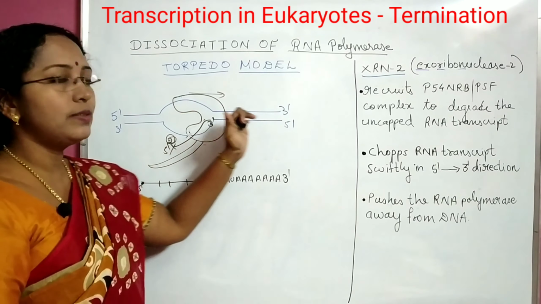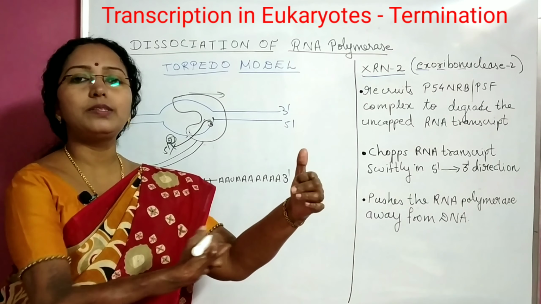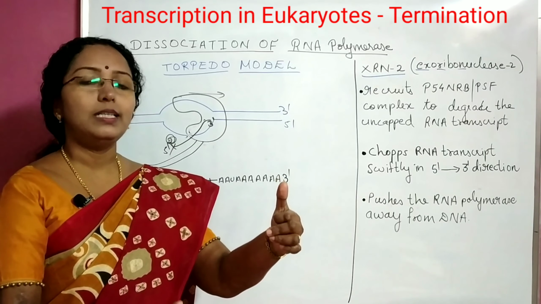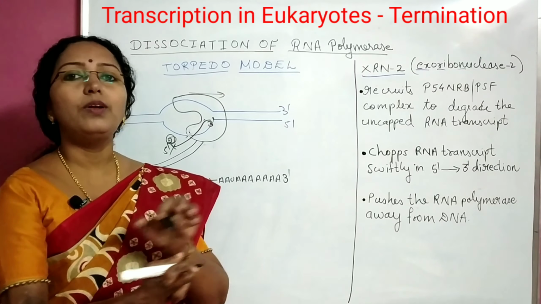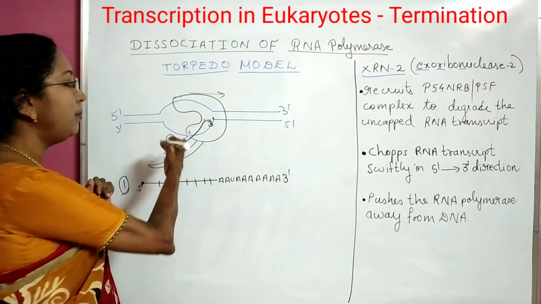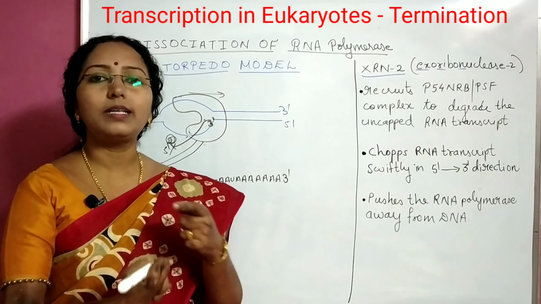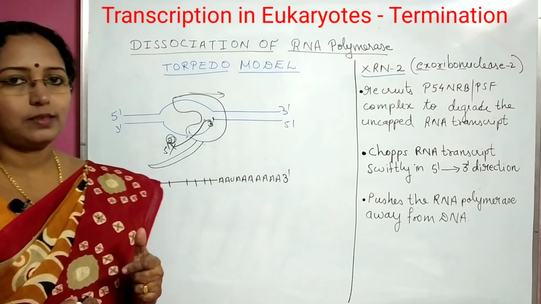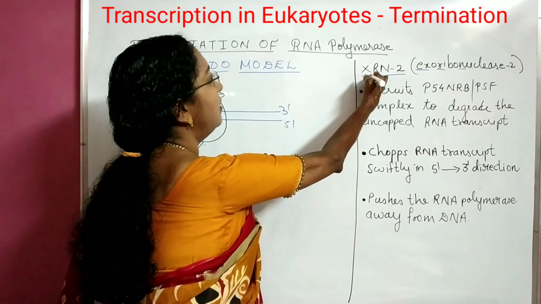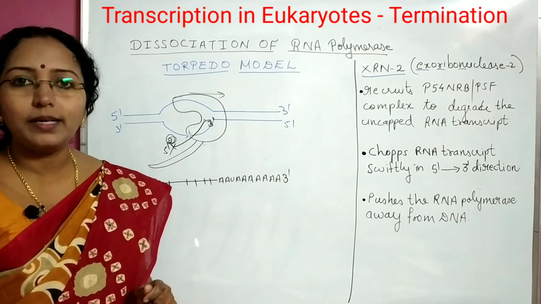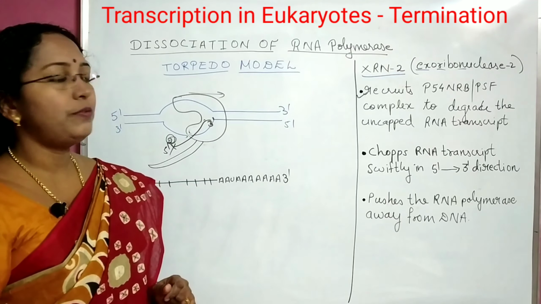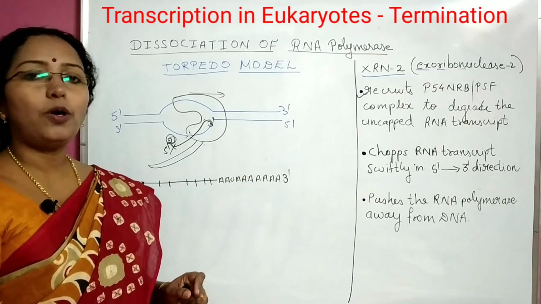The RNA polymerase is moving forward and it is producing new RNA molecules, but the second one which is getting formed, the one formed after cleavage, will not have a cap. And if an RNA molecule is formed without a cap, without that protection, what happens? Immediately, the exoribonuclease 2 enzyme recruits the factors called the P54NRB PSF complex.